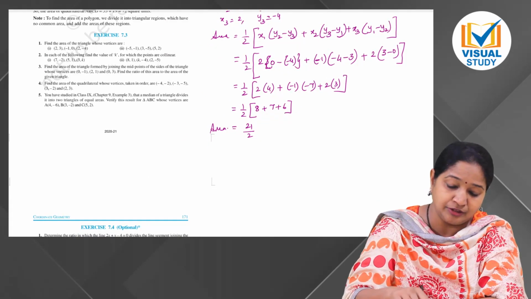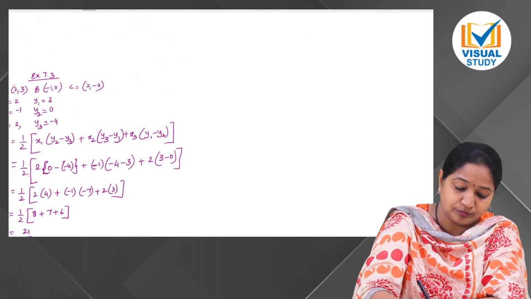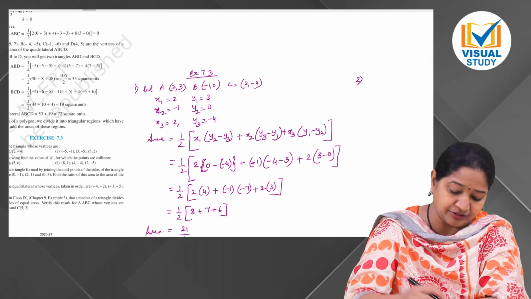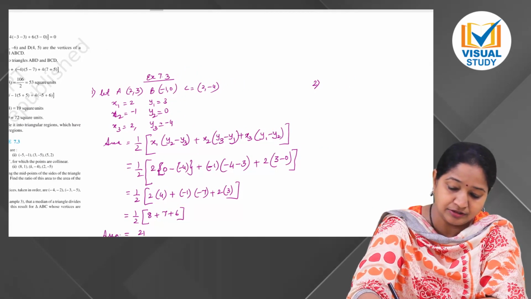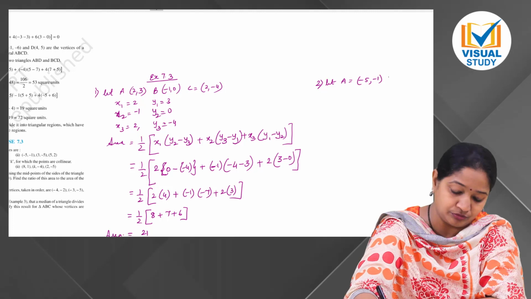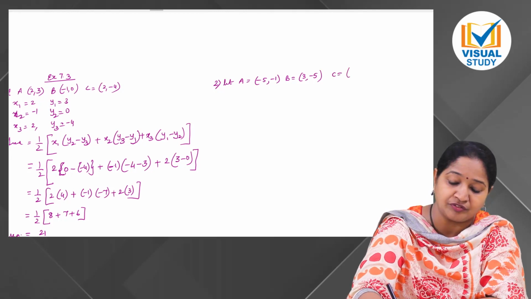Next one, I'll do it here only. What is the next one? Let A is equal to minus 5, minus 1, B is equal to 3, minus 5, and C equal to 5 and 2.